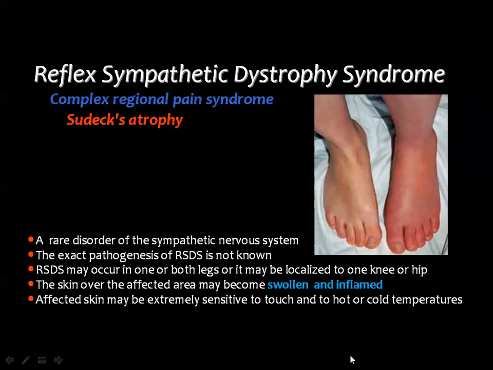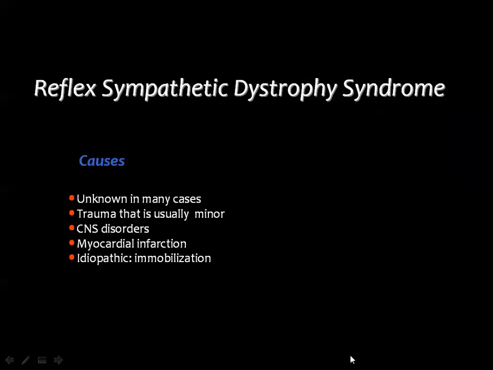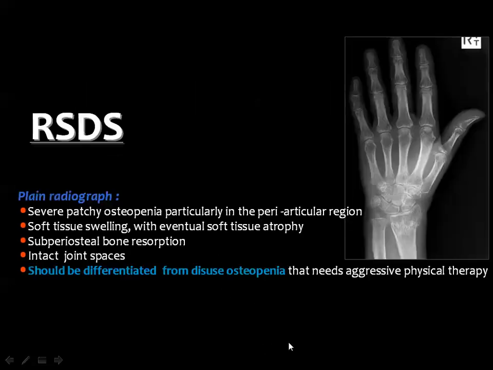This usually follows a trauma which is usually minor trauma, not usually leading to a fracture, but sometimes there is a fracture and the fracture is well managed, but the patient passes into this syndrome. There is no cause in many of the cases, and some cases have CNS disorders, myocardial infarction, and some may be immobilized for a certain time.